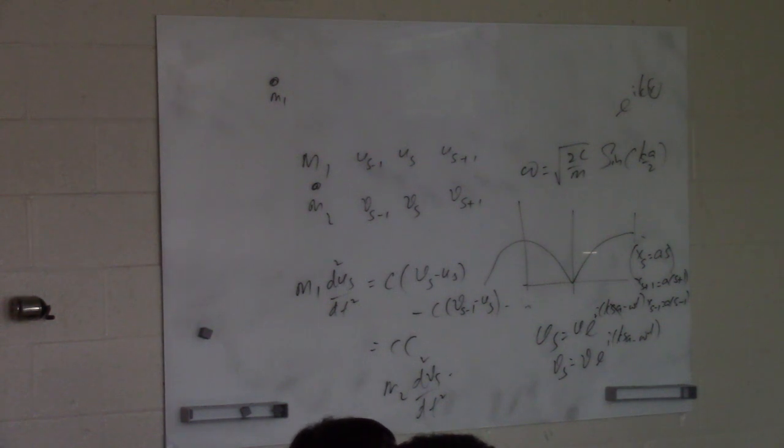For Ka goes to 0, somewhere here, you get one solution that goes like omega squared. That means omega is K times A. So it goes like this, but that's the low limit. That's the acoustic mode.